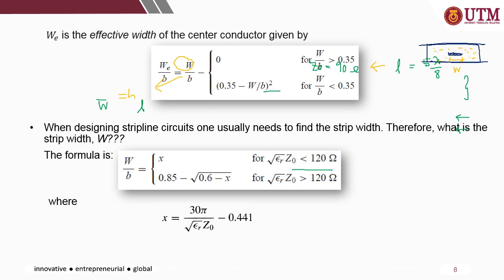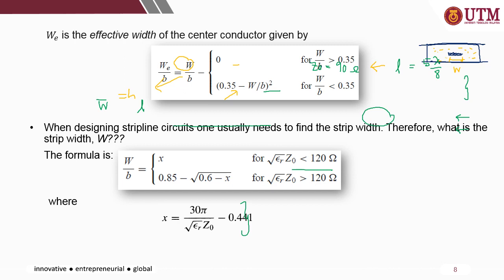For W over B larger than 0.35, the ratio We over B equals 0, and otherwise it will be this. When designing a strip line circuit, the width is one of the important parameters that you need to look at.